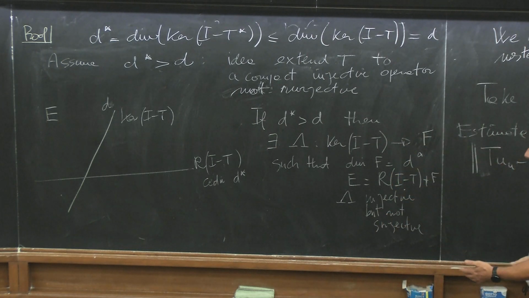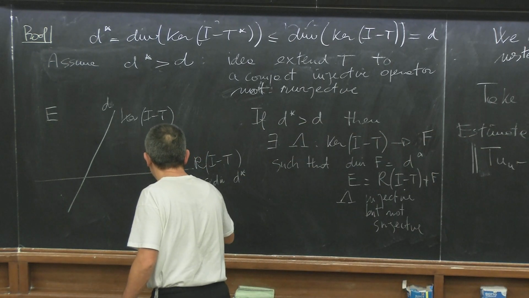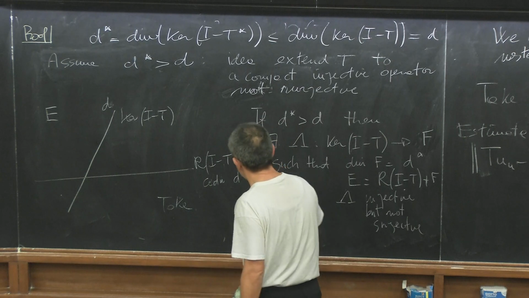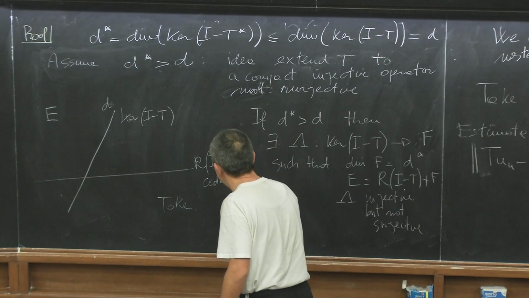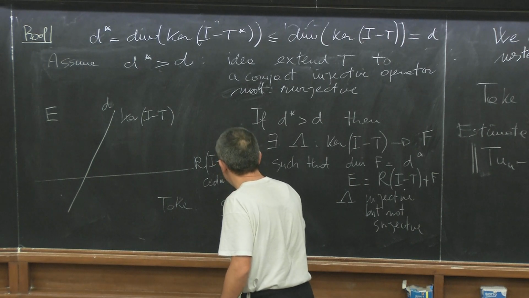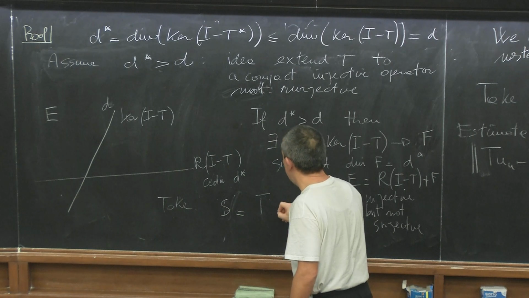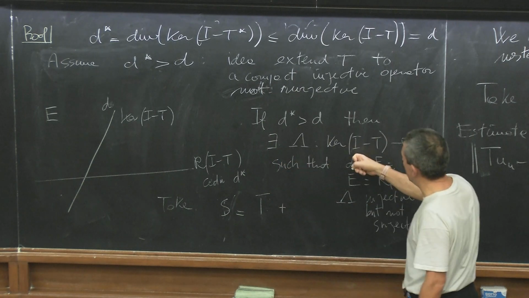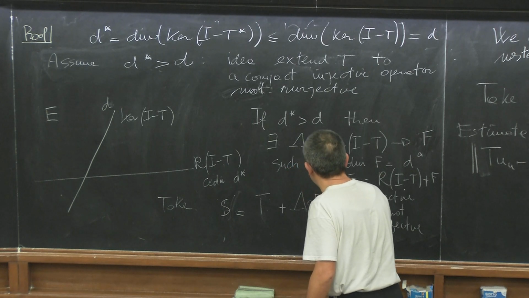So the last step you take then, let's say T prime, or S, is equal to T plus, okay, and lambda acts only on this guy, so it's lambda composed with the projection on the kernel.